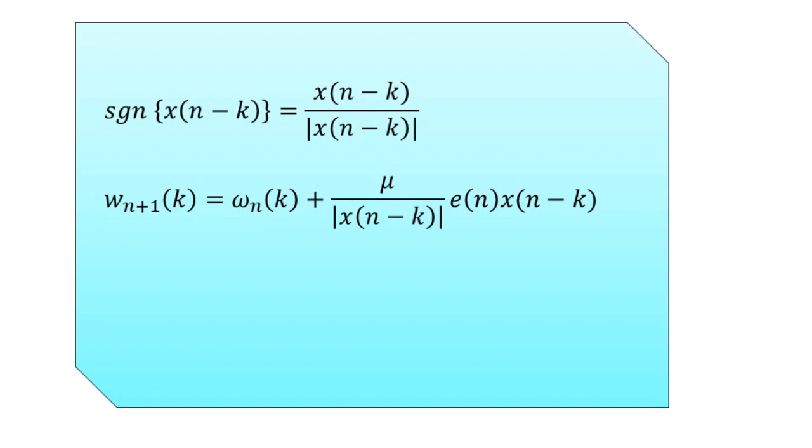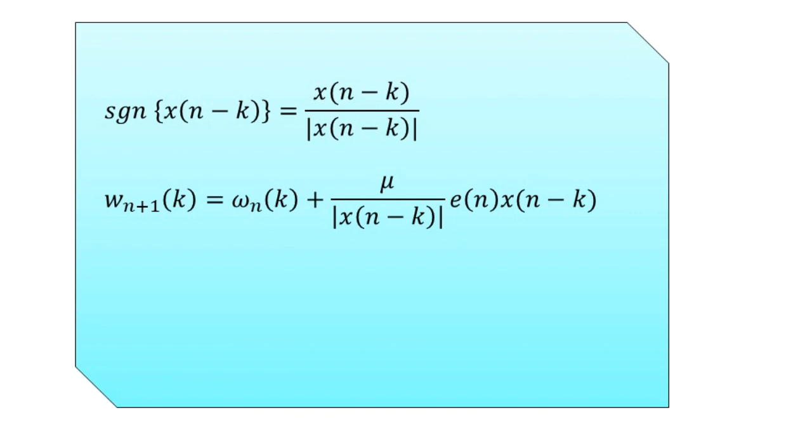Now at last, quantization of both the error and the data signal together will lead to the sign-sign algorithm. So this is the use of signs for the two cases here, one for the error and another for the data. This has the coefficient update equation given by the mathematical expression that you can outline here.